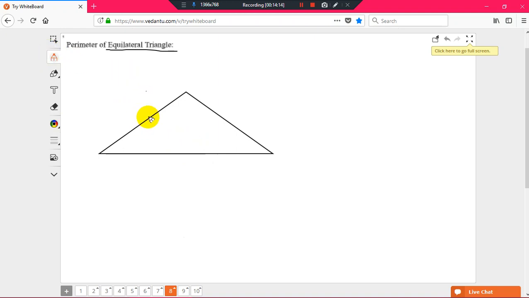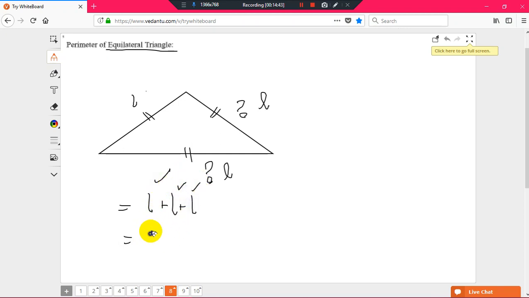So let's start. We know that all 3 sides of an equilateral triangle are equal. If one side is L, what will the other 2 sides be? Of course, L only, because all 3 sides are equal. To find the perimeter, we add L plus L plus L. How many times is L repeating? 3 times. So 3 into L, 3L.